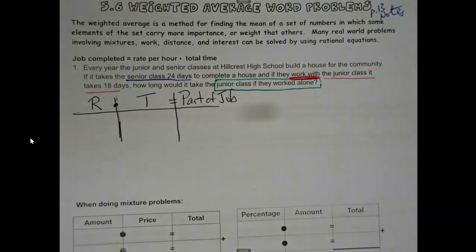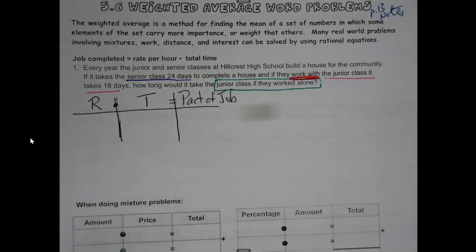If I knew I could make 4 cakes in an hour, I don't even know if that's legit or not, and I worked for 6 hours, how many cakes could I make? I could make 24. I'm multiplying them together. I wish it was that simple.